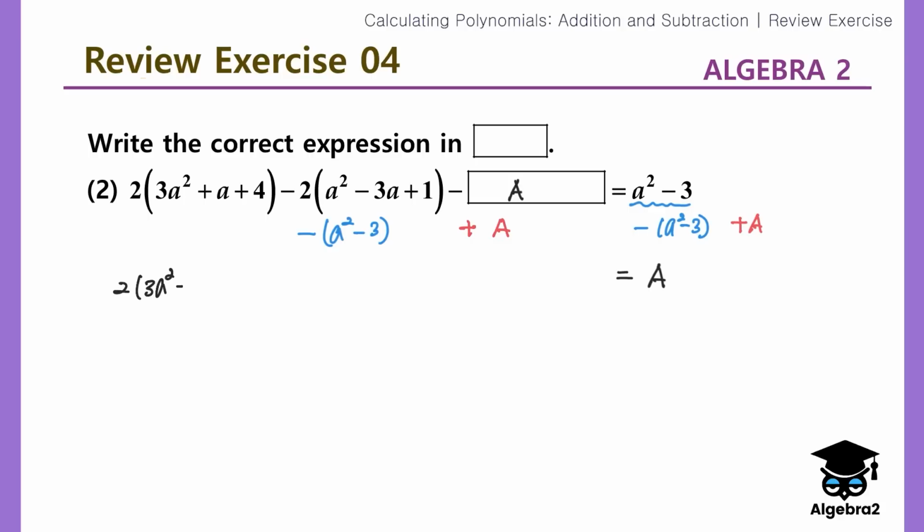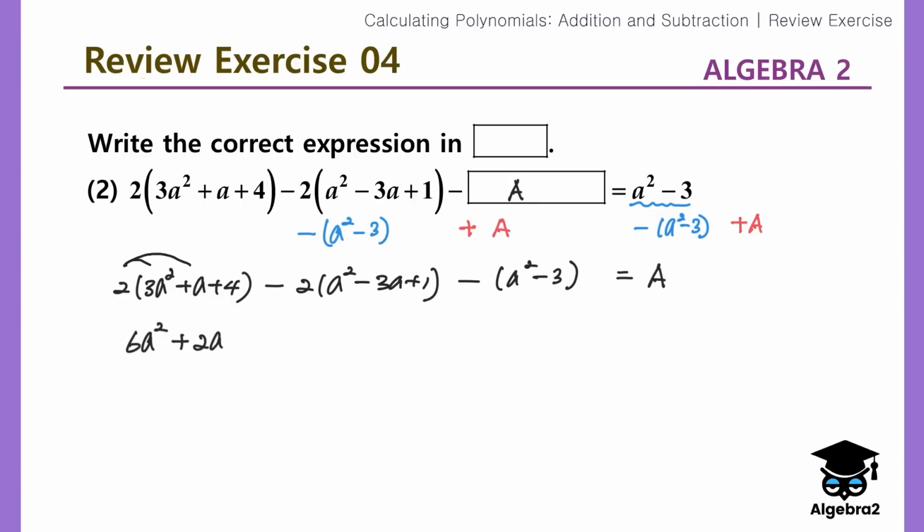3A squared plus A plus 4 minus 2 times A squared minus 3A plus 1 minus A squared minus 3. And all of this expression is equal to A, right? So let's simplify this expression. 2 times 3A squared, that's 6A squared, plus 2 times A, 2A, 2 times 4, plus 8.